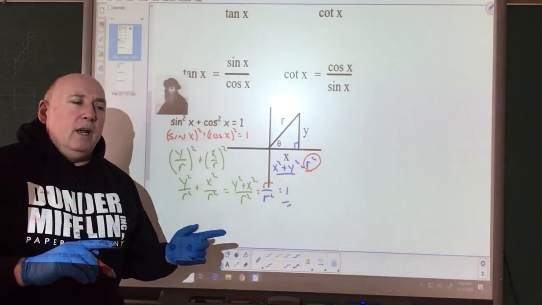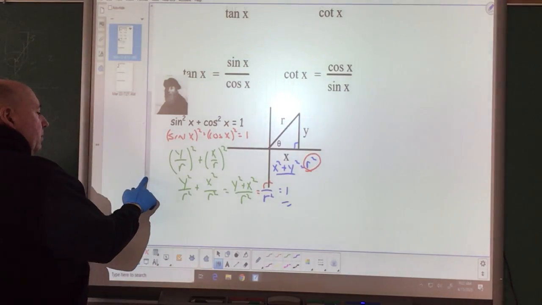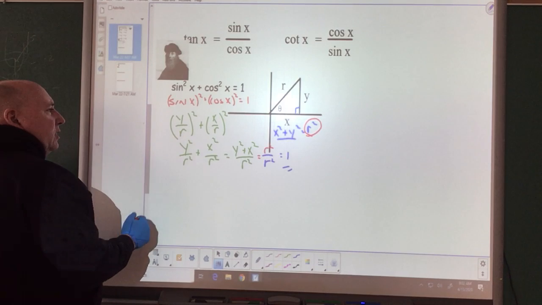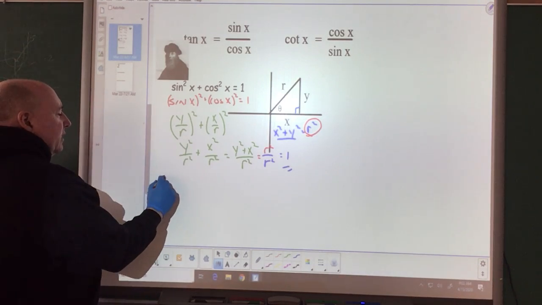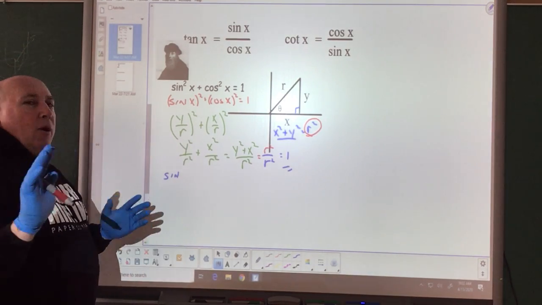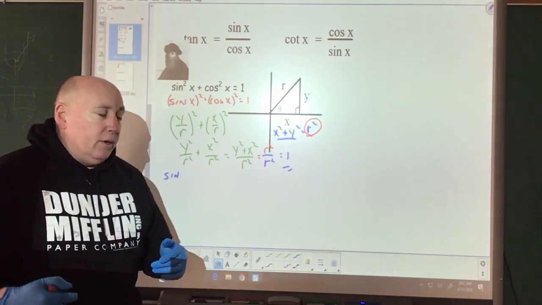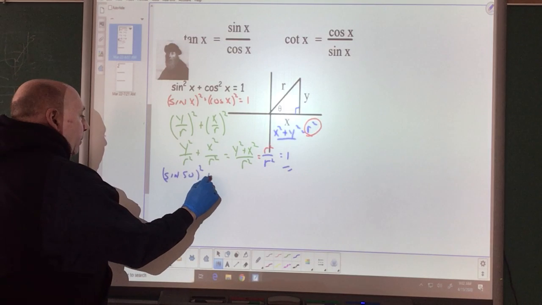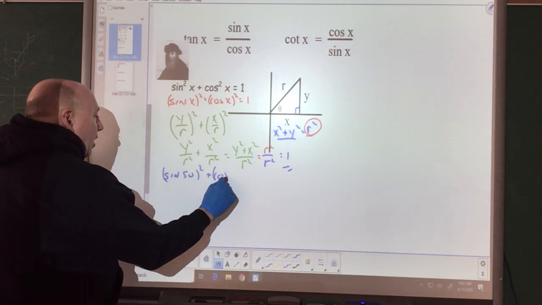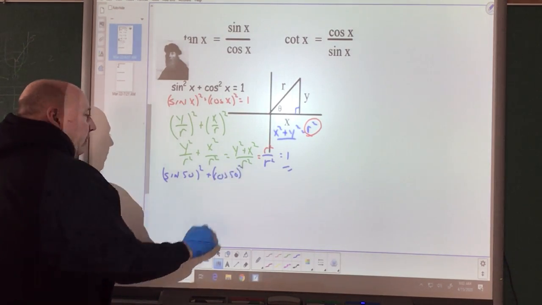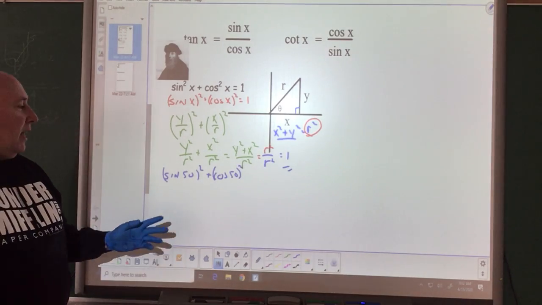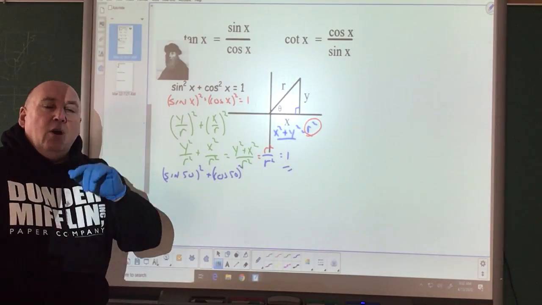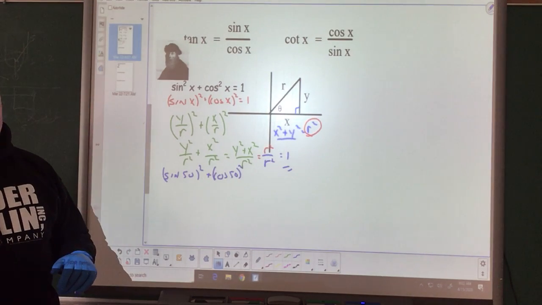I think one of your problems I'm going to ask you to do, sort of ask you to do that. If you take the sine, and it does not matter what angle, make sure you're in degree mode, of 50 and square that, plus the cosine of 50 and square that, and add them together, what you should get is a value of 1.